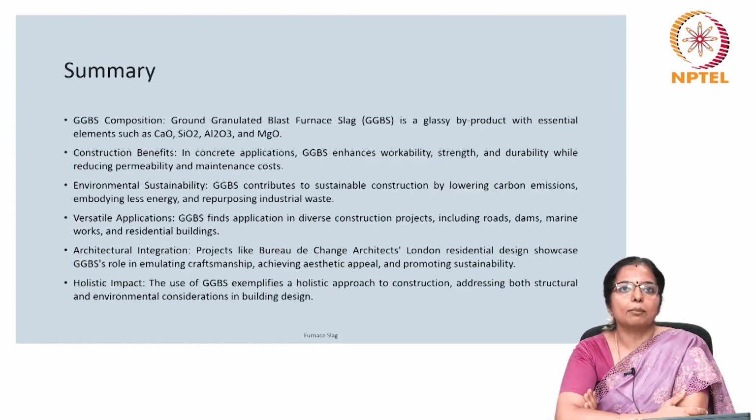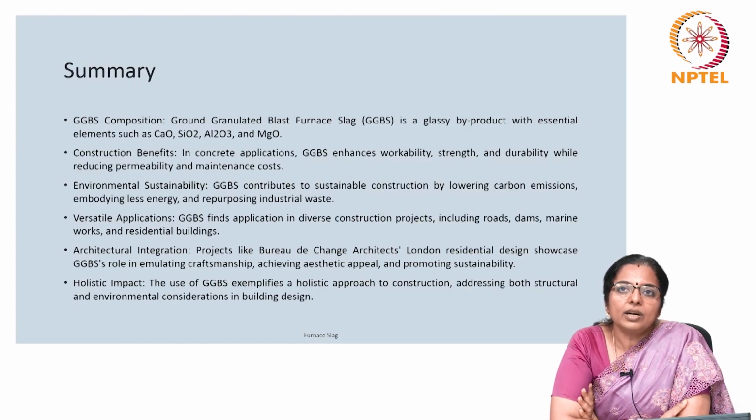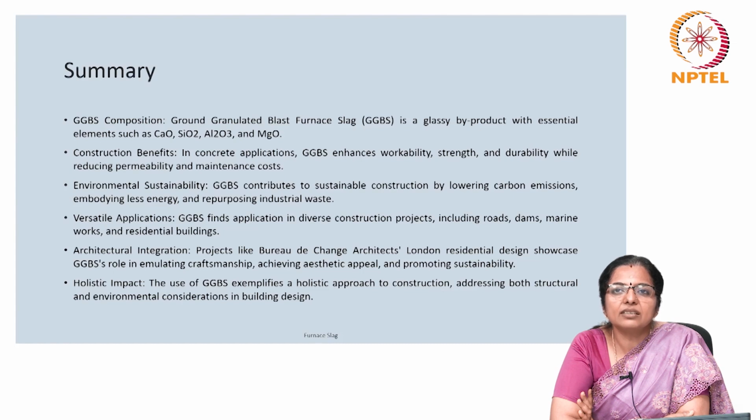So let us summarize. Ground granulated blast furnace slag is a glassy byproduct which is rich in calcium, silicon, aluminum and magnesium oxides, and it stands as a versatile asset in construction. Its incorporation into concrete brings a myriad of benefits, enhancing workability, strength and durability, while simultaneously reducing permeability and maintenance cost.